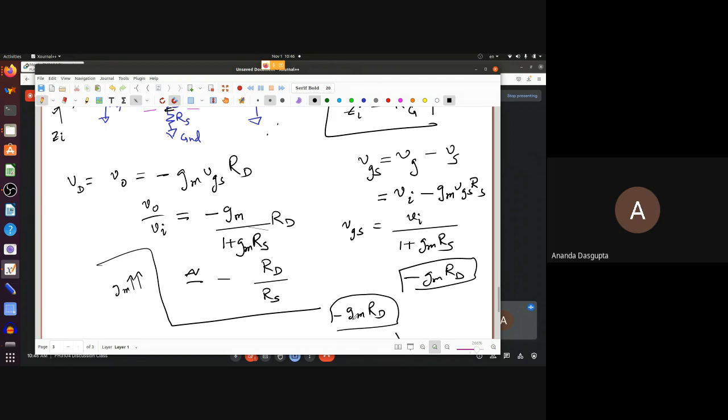Because you want to control the gain, very often you leave RS, at least part of RS, unbypassed. If you left the entire RS unbypassed, you would get a large denominator that would bring down the gain a lot.